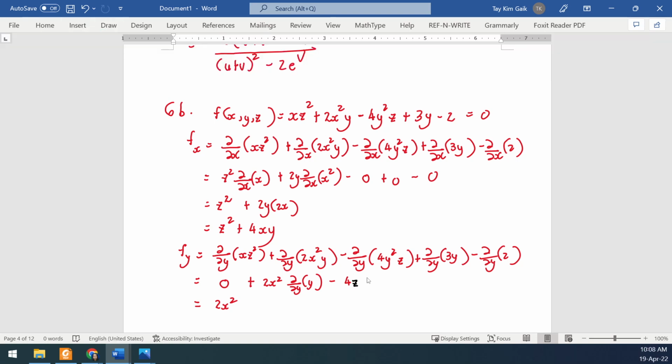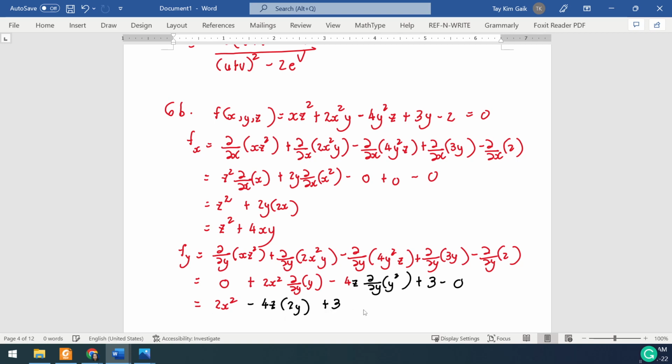Yeah, you factor out 4z, then it becomes ∂/∂y of y squared. ∂/∂y of y squared you have 2y. ∂/∂y of 3y is 3. ∂/∂y of 2 is 0, because the derivative of a constant is 0.